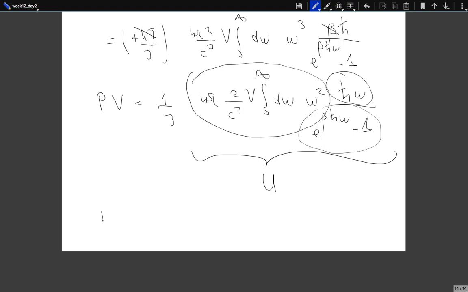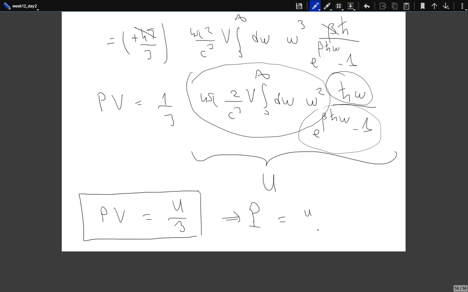So PV is just U over 3. Or the pressure of this electromagnetic radiation is just the energy density divided by 3.